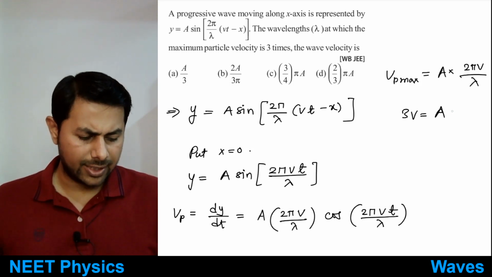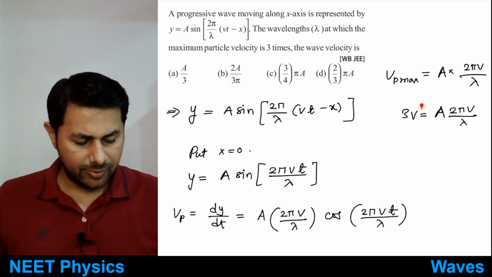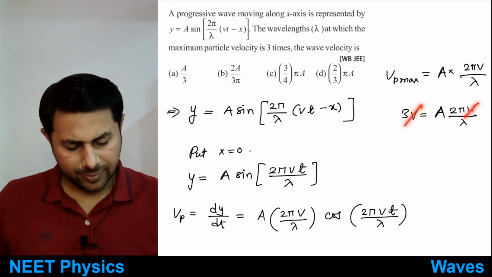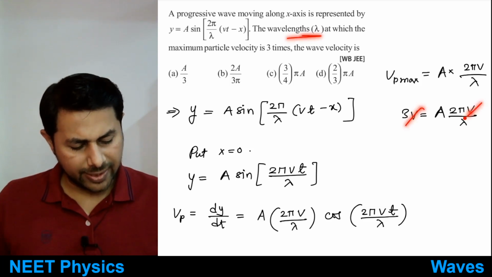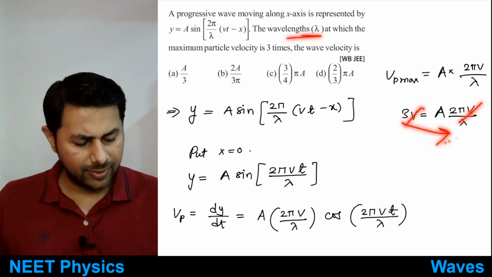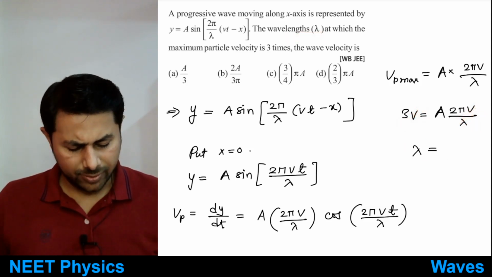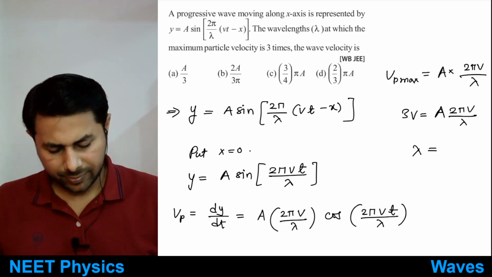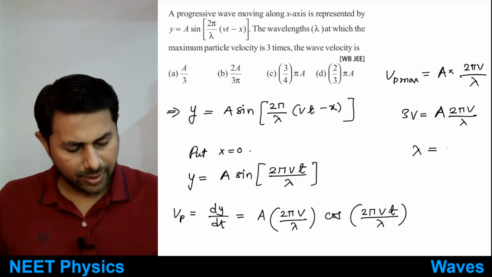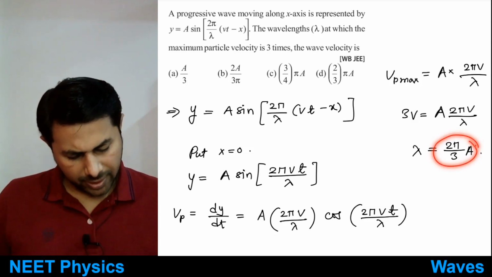So it is a times 2 pi v by lambda equals 3 times v. v gets cancelled, okay, and we want the wavelength. So take that 3 on that side, lambda on this side. So we get lambda equals 2 pi a by 3, right? 2 pi a by 3. So that's the answer.